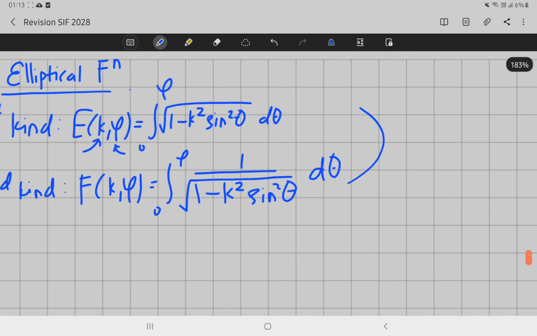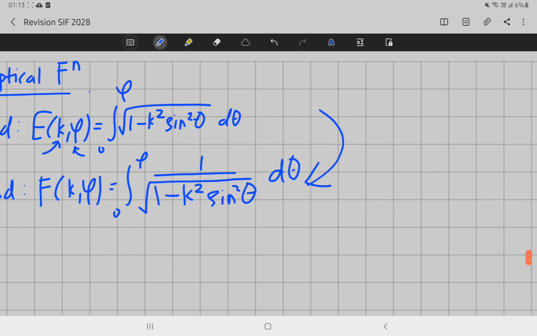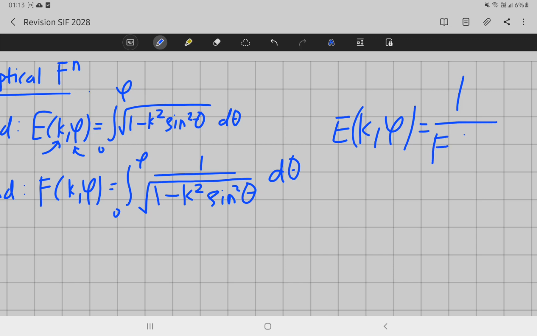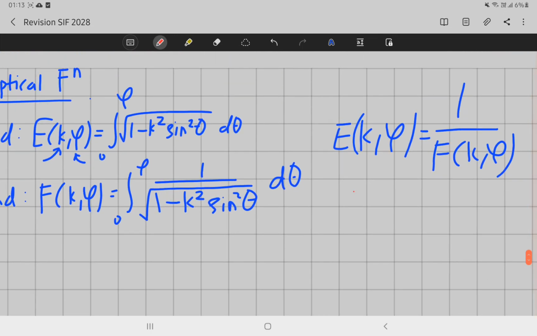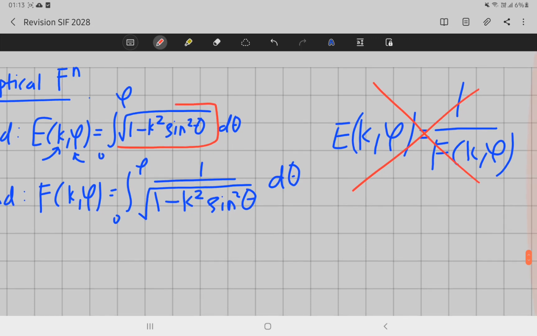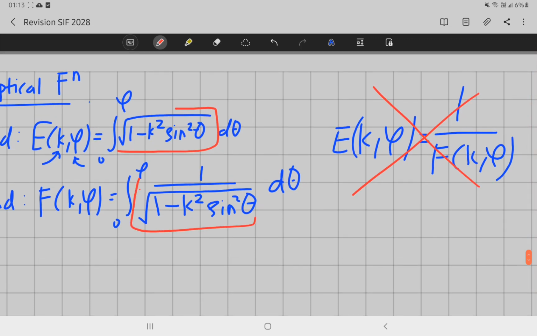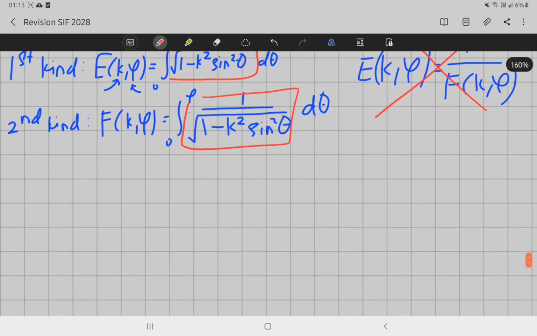It is not the direct reciprocal, so E(k, phi) is not simply the reciprocal of F(k, phi). That would be absolutely wrong. What I mean by reciprocal is just the inner function inside the integration. And the range of phi is between 0 and pi over 2.